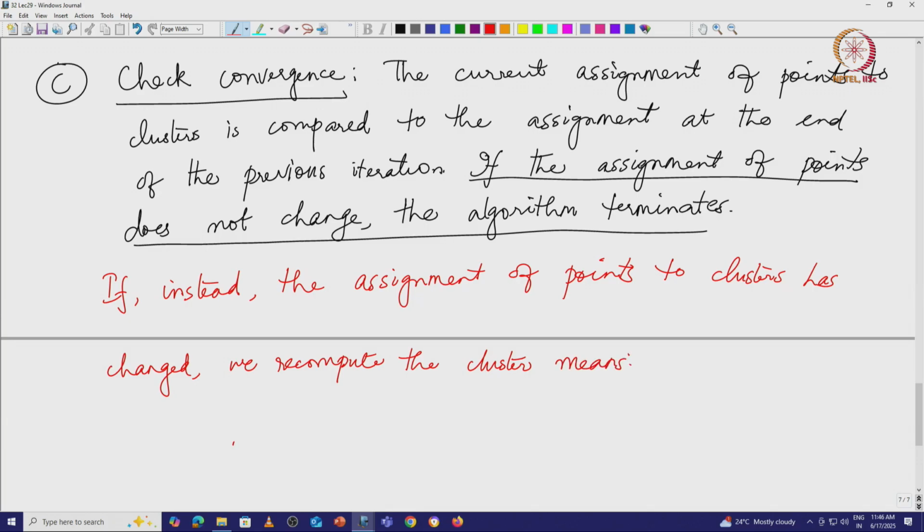Okay. So, here your mj l plus 1 is recomputed using the cluster information at the end of the previous iteration.